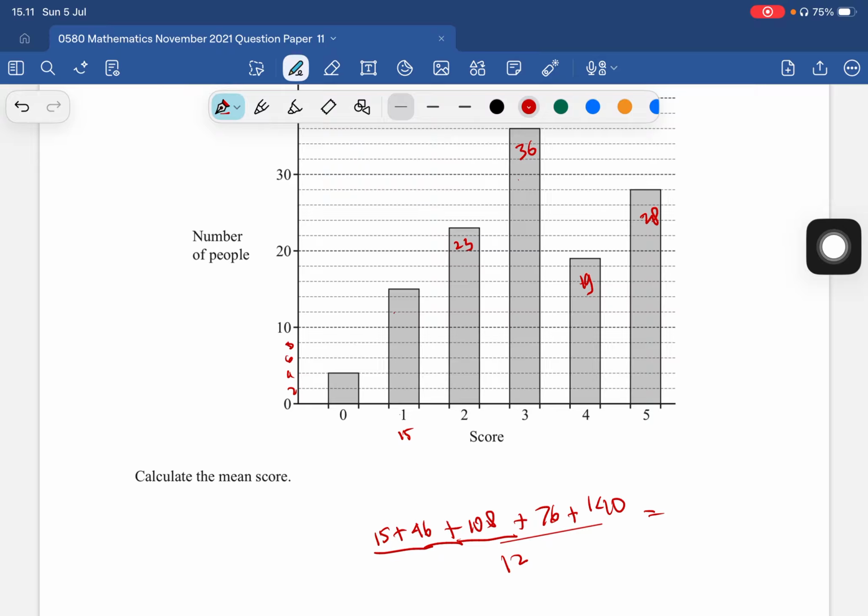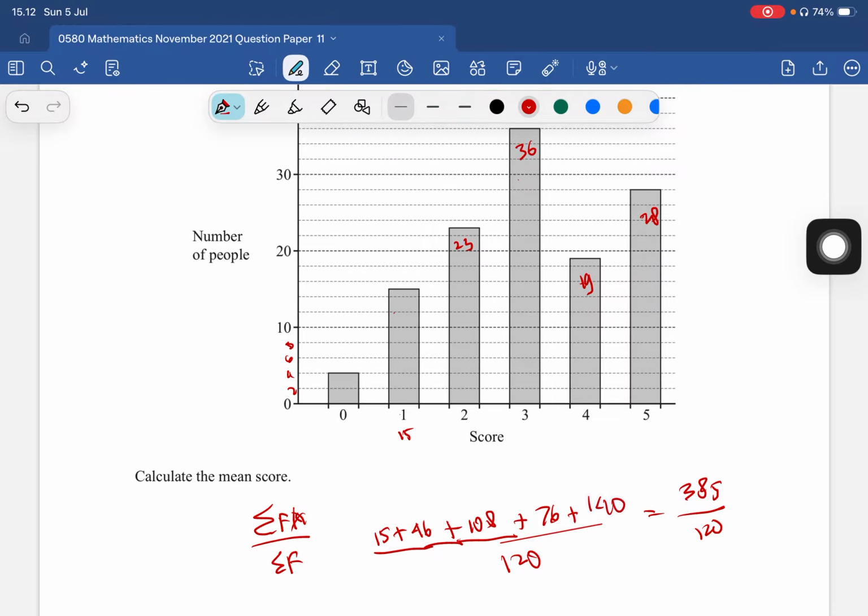Let's find the sum. The sum of frequency times x, we divide by the sum of the frequency. So we got 140 plus 76 plus 108 plus 46 and 15, which is 385.